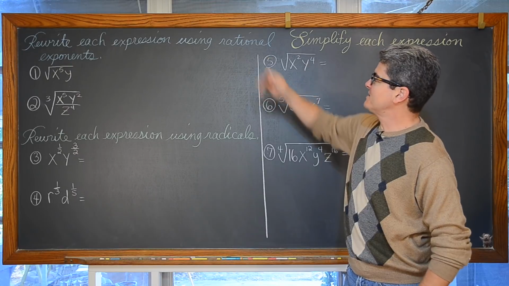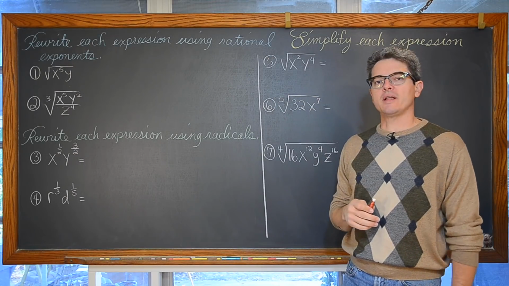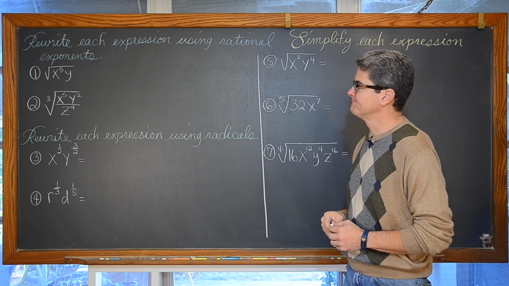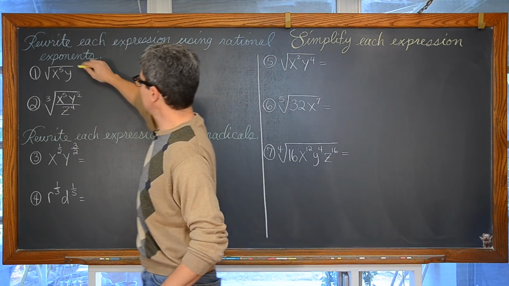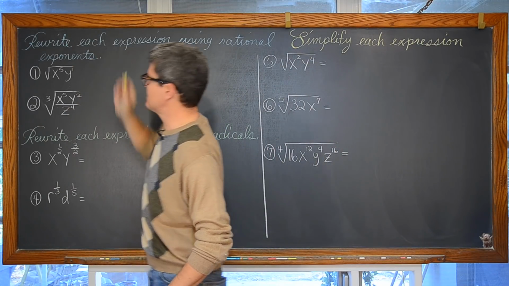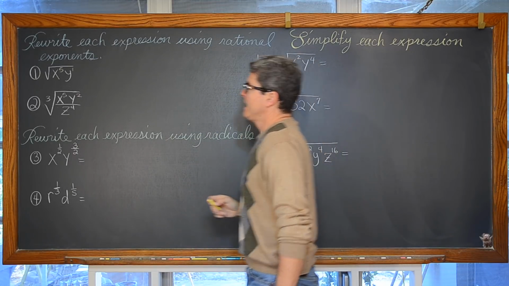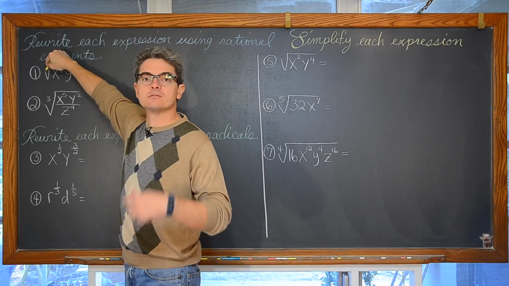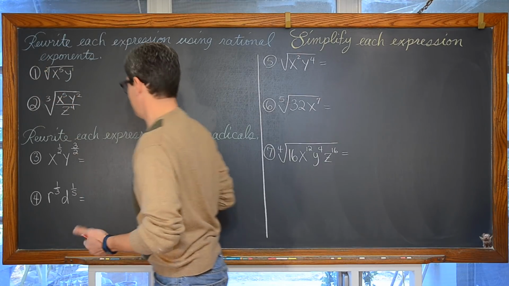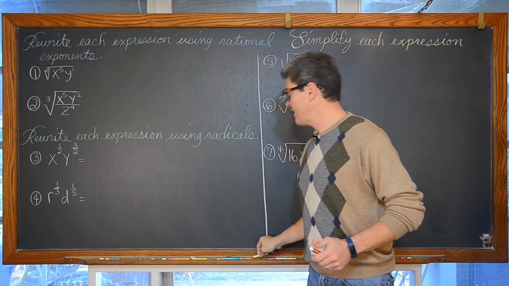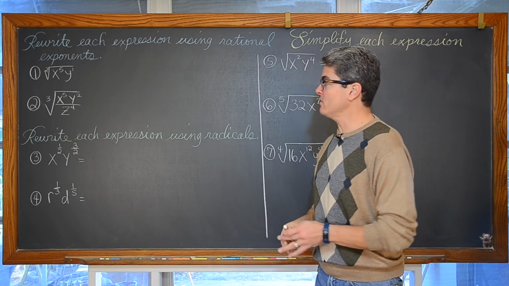So we're going to rewrite each expression using rational exponents for our first 2. As we look at problem number 1, the y is not written, but it has a power of 1. And when you don't have an index in the top left-hand corner of your radical notation, that is an index of 2. So we're taking the square root of x to the 5th times y to the 1st.